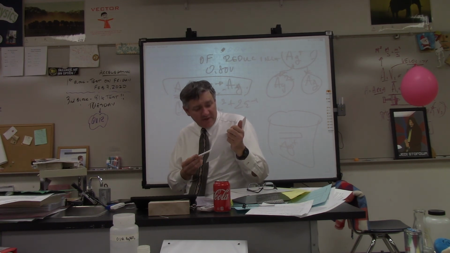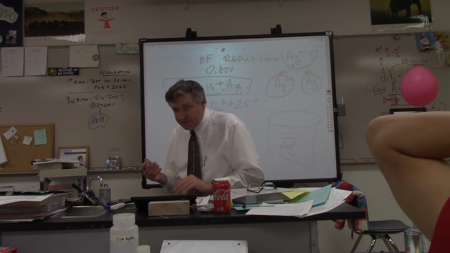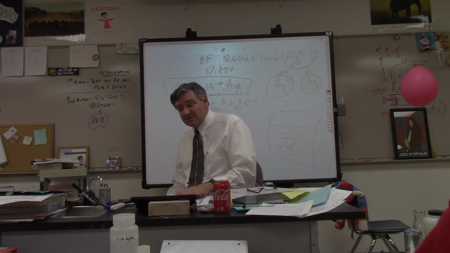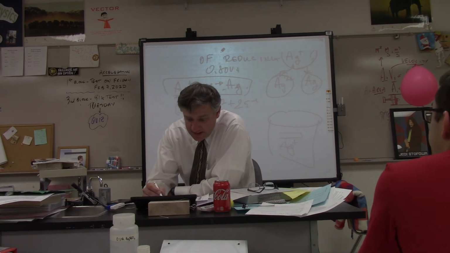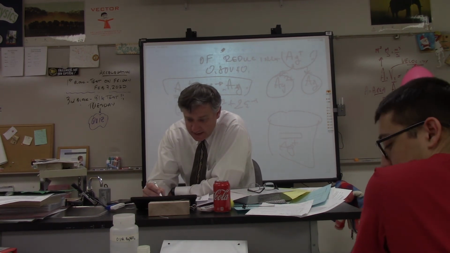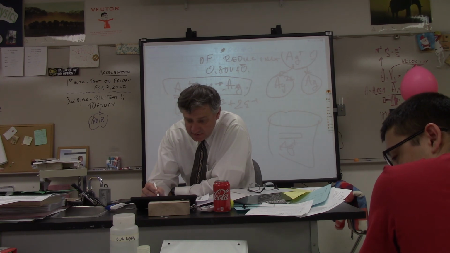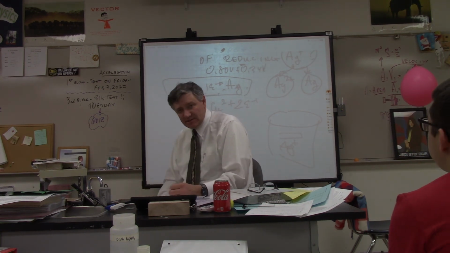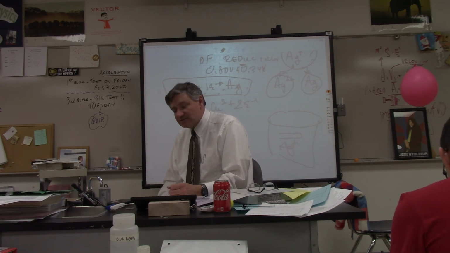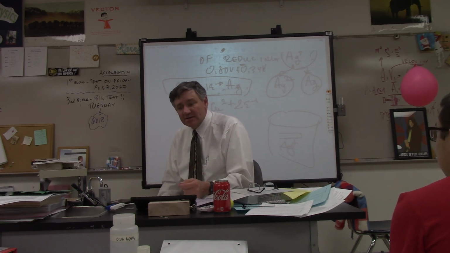So if you find that one, which is top of the second column, 0.34, but then I'm going to reverse it so it's going to become negative 0.34. So if I take 0.8 and add that to a negative 0.34, do I get a positive E naught value? Yes. So is the reaction going to happen? Yes.